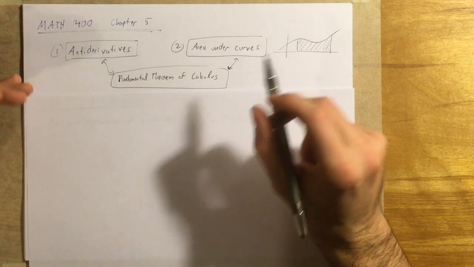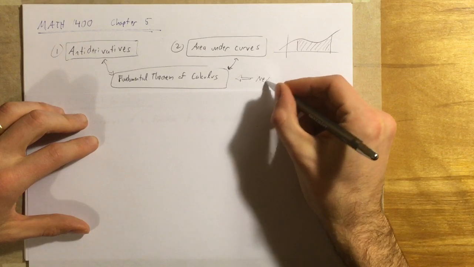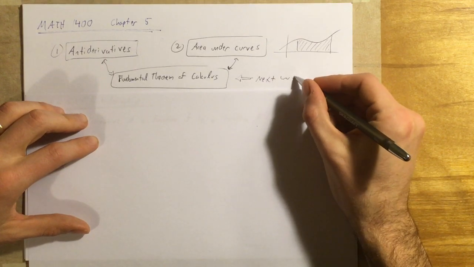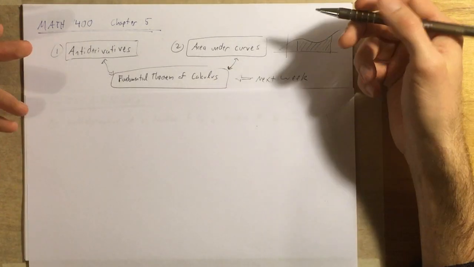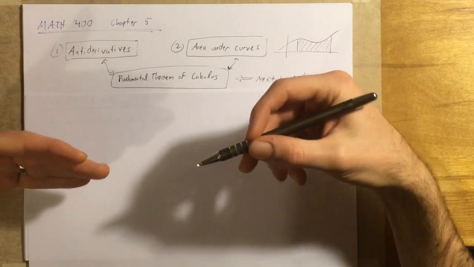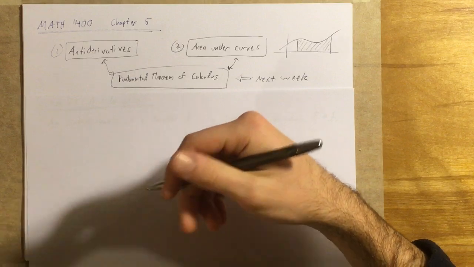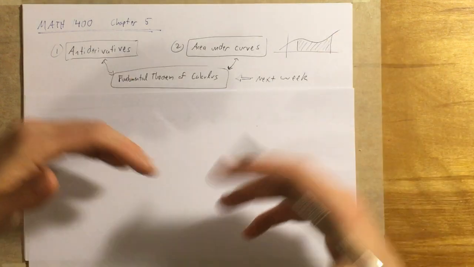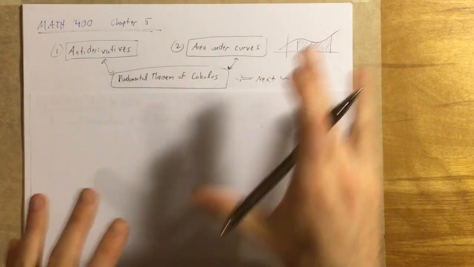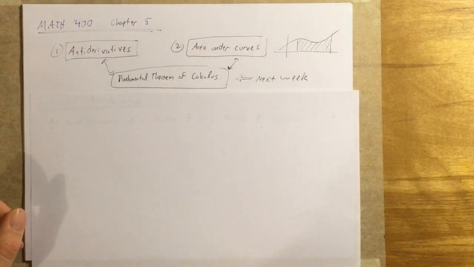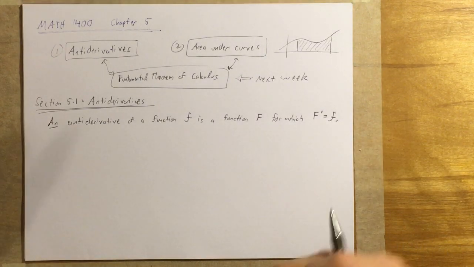But pretty soon, I think next week, we're going to get to something called the fundamental theorem of calculus, which unifies these two seemingly unrelated ideas into one thing, and it really connects the idea of derivative to the idea of area, and the idea of antiderivative kind of is the go-between. So a lot of weird ideas that seem unrelated are going to get tied together next week by this thing called the fundamental theorem. So just wanted to let you know where we're going with this.